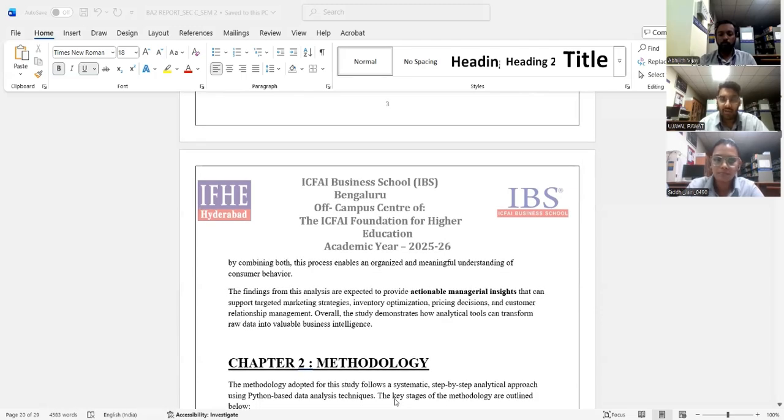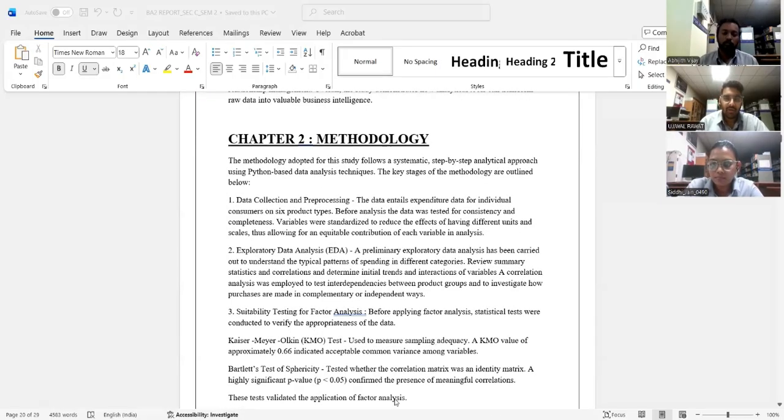If a company treats all customers the same, marketing becomes insufficient and inventory decisions become inaccurate. So our objective was to identify hidden spending patterns, to reduce complexity using factor analysis, and to group similar customers using cluster analysis. So now I will tell you about our analytical approach.